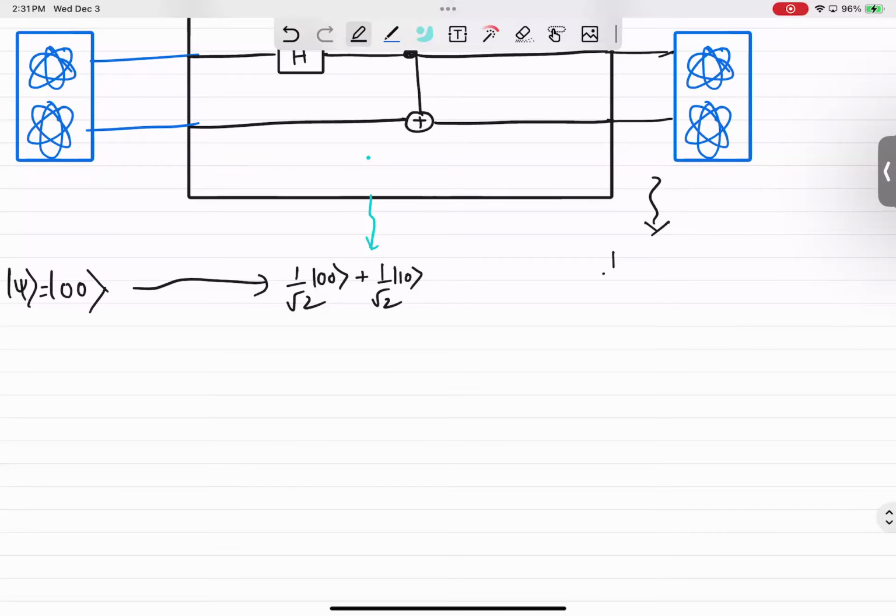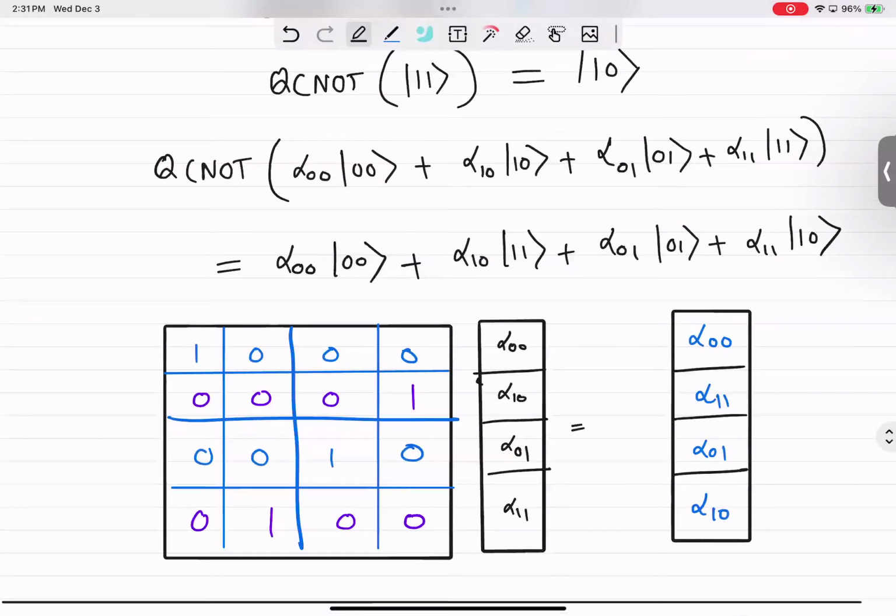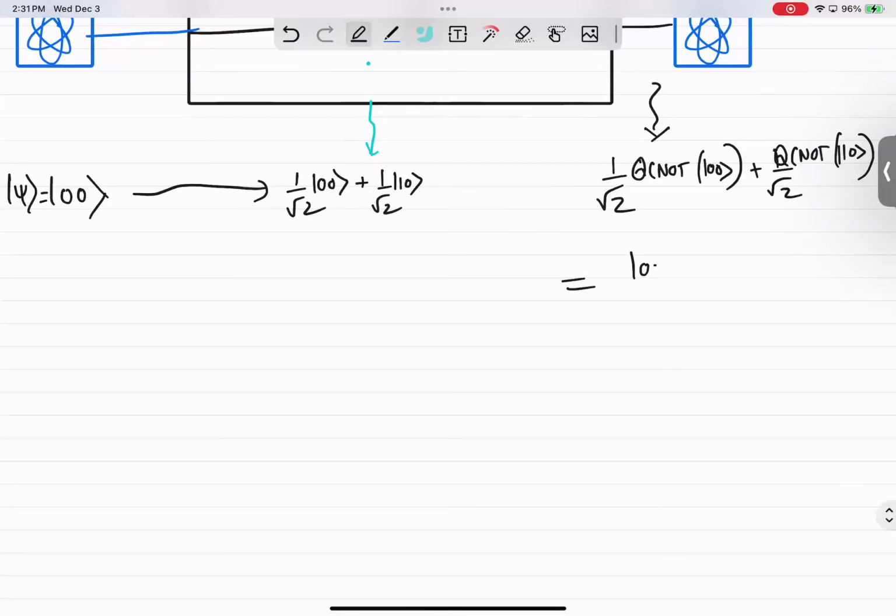I should really get 1 over square root 2 times QC naught of 0, 0 plus 1 over square root 2 times QC naught of 1, 0. Okay? But on 0, 0, the QC naught doesn't do anything. It's just 0, 0. On 1, 0, it flips the second bit. So you would get this. Okay?